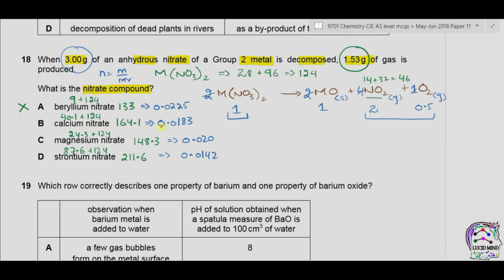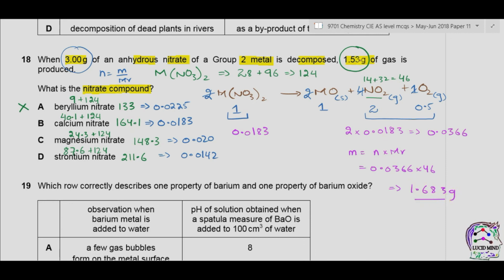Let's do the same for calcium nitrate. We have 0.0183 moles. So for NO2 it will be doubled, which equals 0.0366 moles. Now converting it to mass is moles into Mr. Mass in grams comes equal to 1.683 grams.